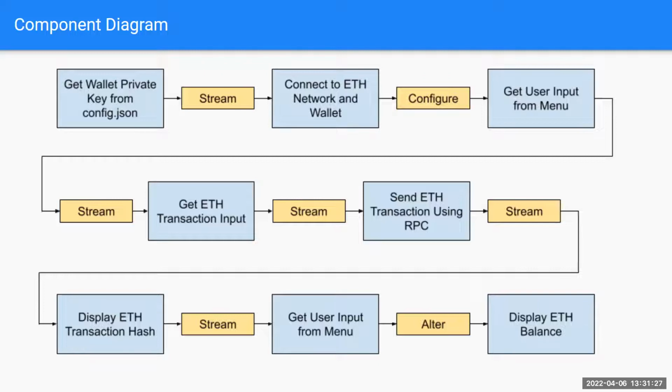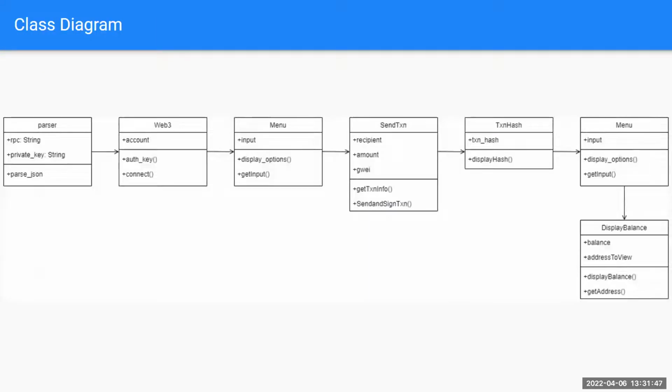After that, the menu gets user input from the user, which allows the application to use the data to display the Ethereum balance. For the class diagram, you have the parser, which reads the config.json file, the Web3 class, which connects to the blockchain and authenticates the wallet.